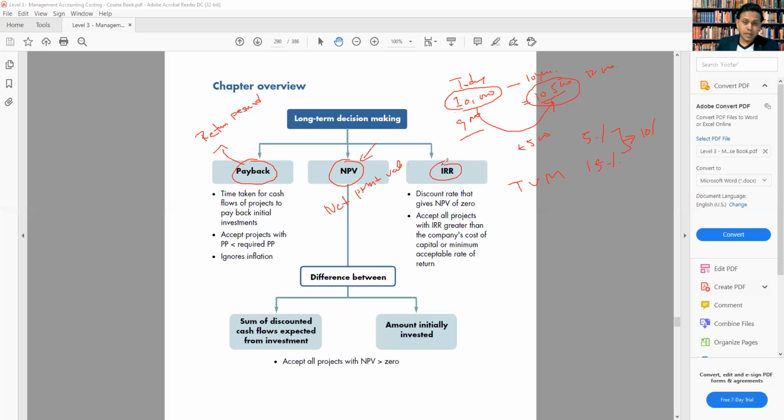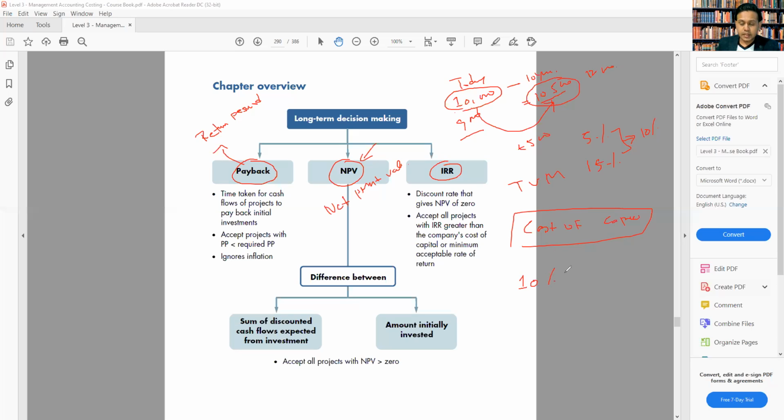Every money has a cost. We call it cost of capital. When we invest money in any project, we have to assume this money has a cost. Let's say the cost of capital is 10%.